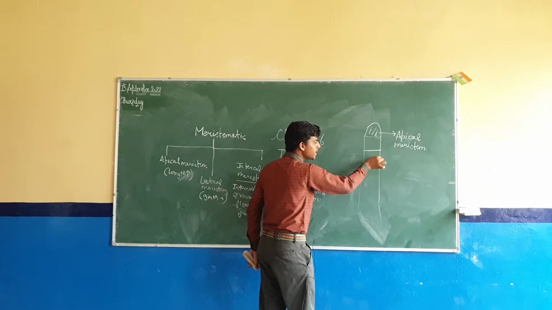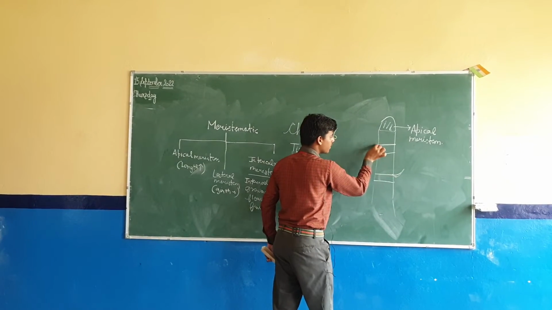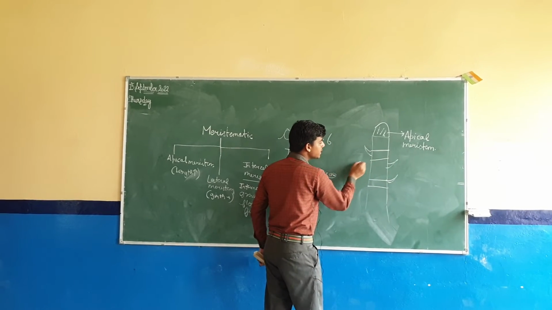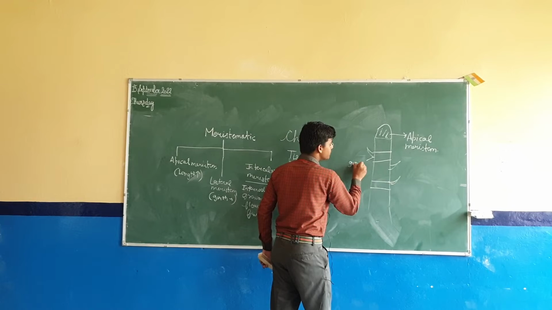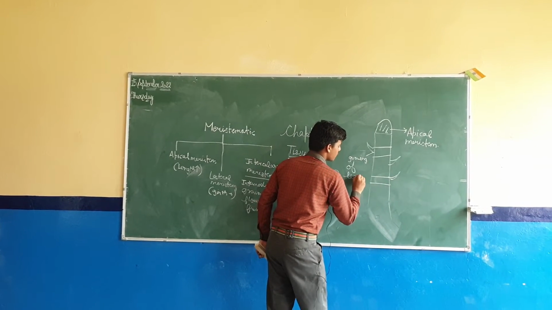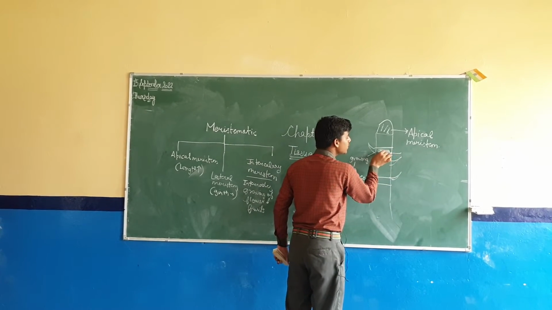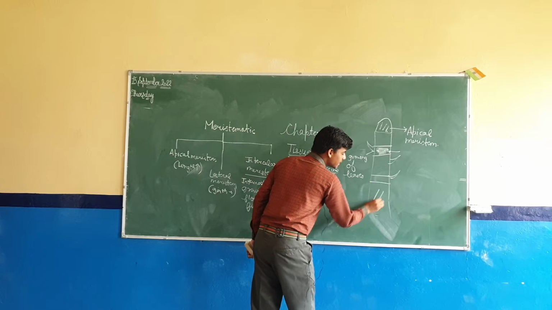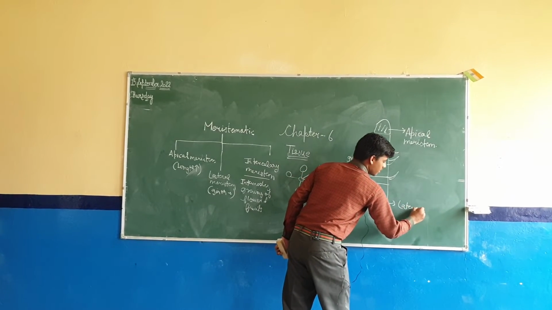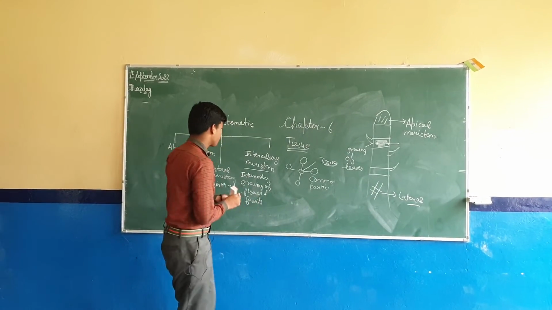And here are the internodes, which are responsible for growing of leaves. And it is the trunk region. Here lateral meristem is present. This is responsible for increasing the trunk region.